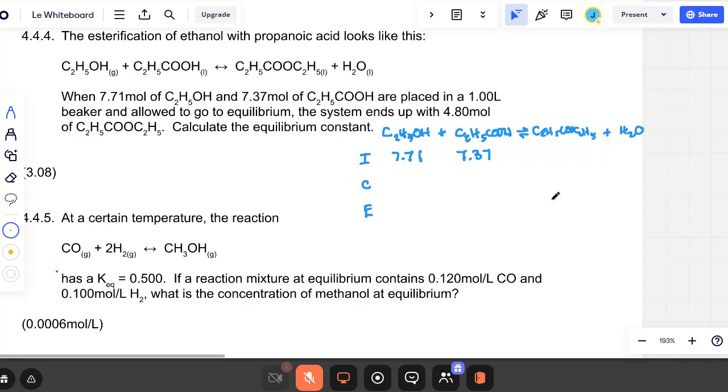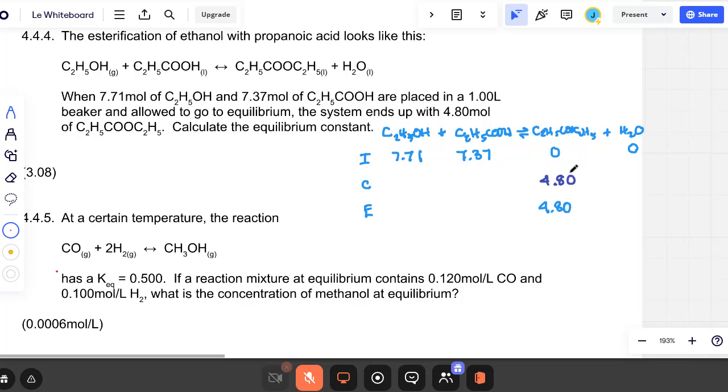As before, they say these two things are put in the beaker and nothing else. You can assume you start with none of these species just because they weren't mentioned. So there's our starting point. What do we do first? We want a number in the C row, and the only one we have a hope at is this, 4.80.